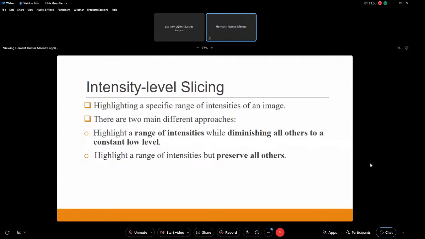One is where you highlight a range of intensity while diminishing all others to a low contrast level. That's why we are saying intensity level slicing. You are cutting out some specific portion by highlighting a range of intensity, and preserving all others.